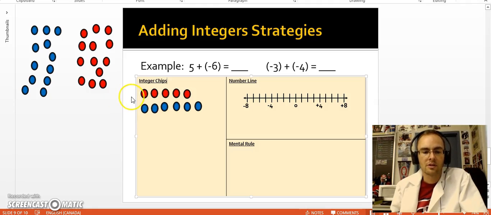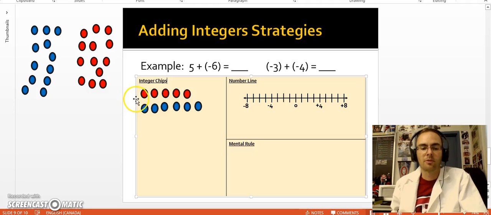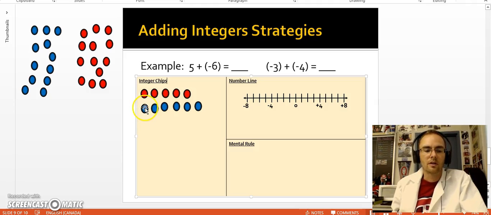And what zero pairs are, it's all about the opposite integers idea. So if you have a positive 1 and a -1, they are on opposite sides of the number line and they actually cancel each other out. So if I've got 5 positive and 5 negative, they cancel each other out. They're opposite integers and they equal 0.